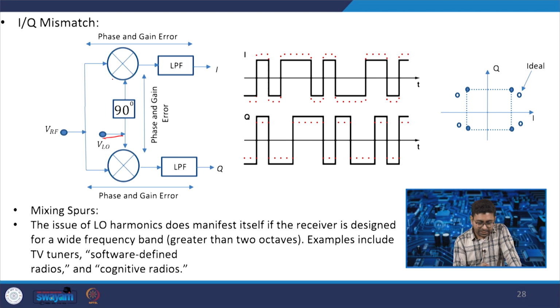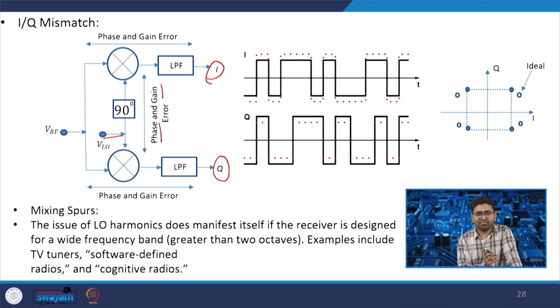If I and Q have a mismatch, how will this mismatch occur? The mismatch will occur in the phase and gain, due to phase and gain error.